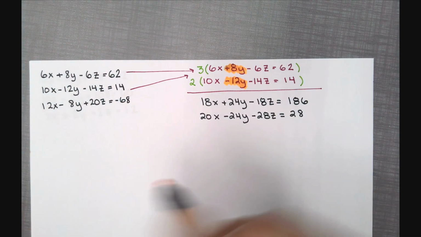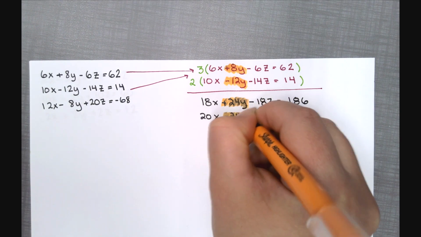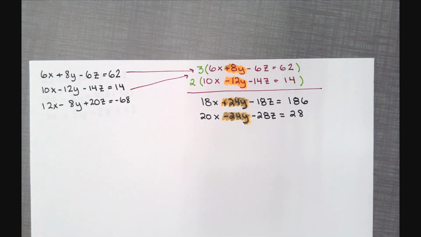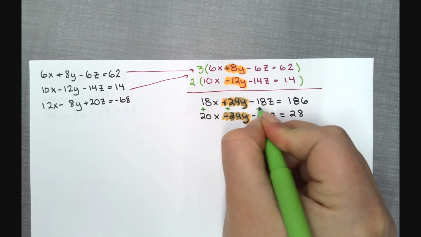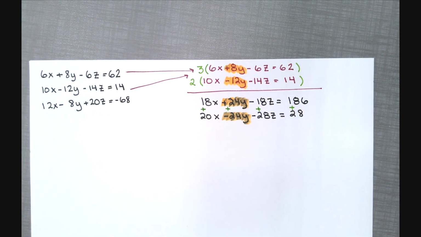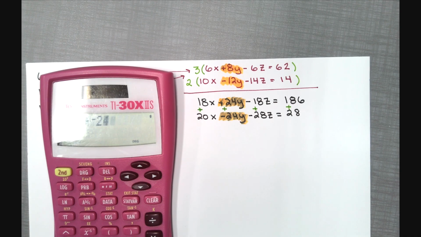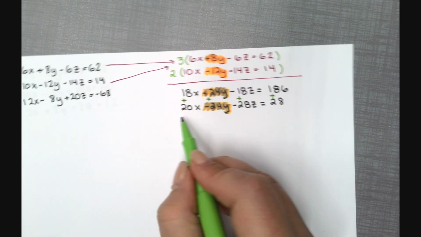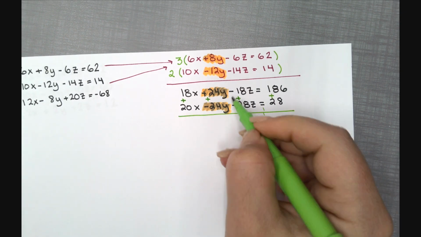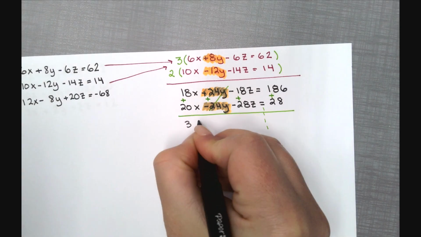Next, my goal is to eliminate my y's. That is what I have chosen. So I am going to, in this case, add to remove my y's. Now again, please check with the calculator that indeed you are going to eliminate your variable of choosing. Draw a line, dotted line for balance. These go away. 18x plus 20x, that gives me a 38x.